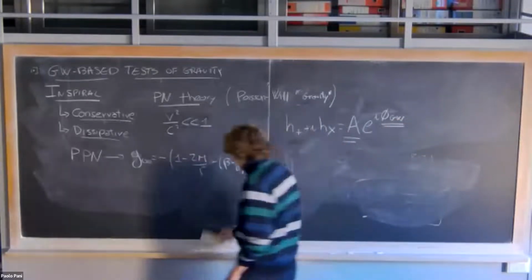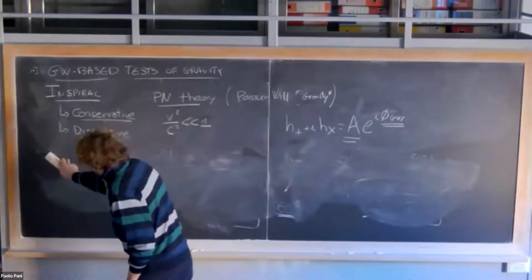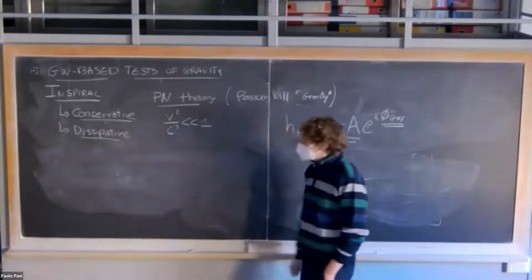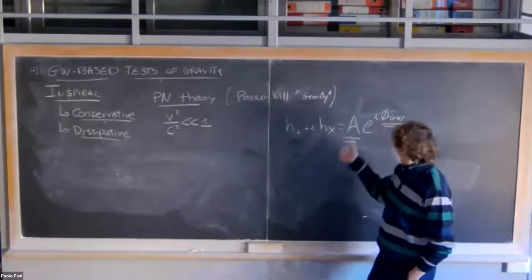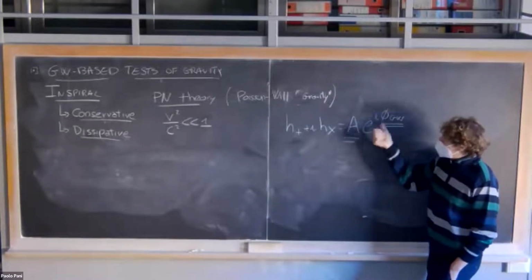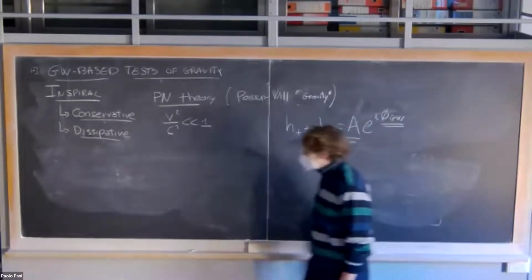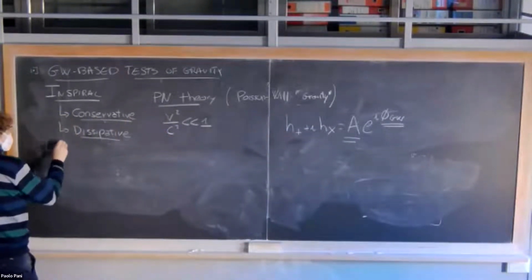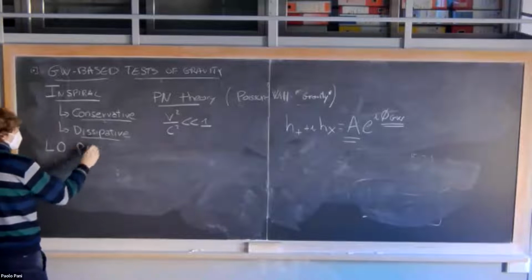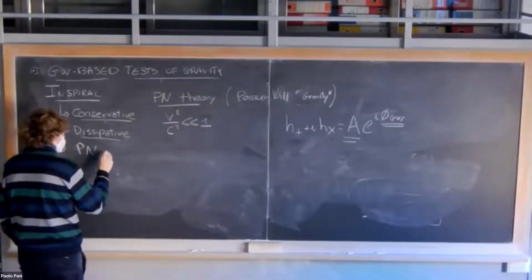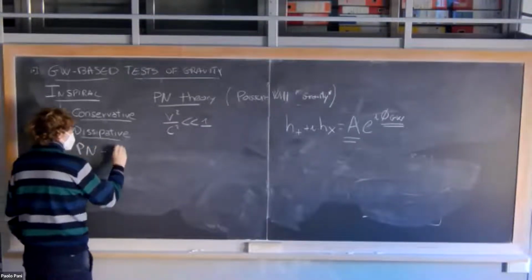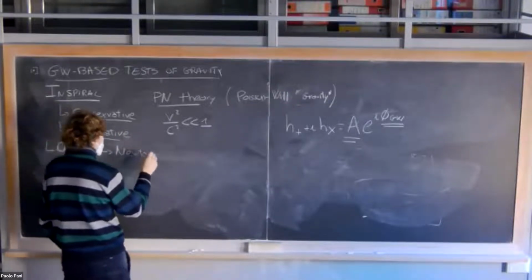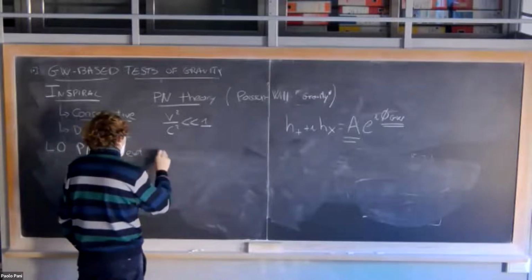So before going there, let me give you a 5 minute overview on how to write down frequencies and amplitudes, essentially in GR, starting at the leading order, if you want, post-Newtonian level, which would be just Newtonian gravity. So the leading order term in this expansion.